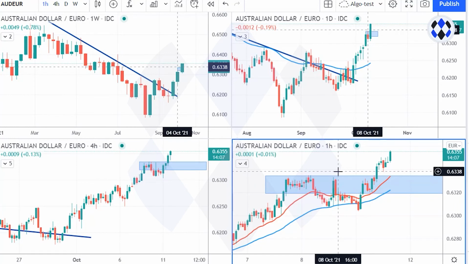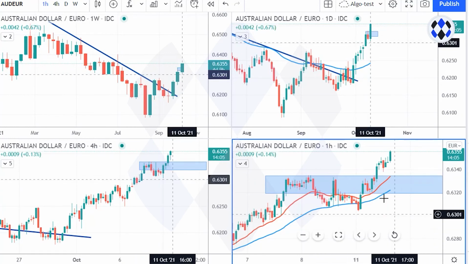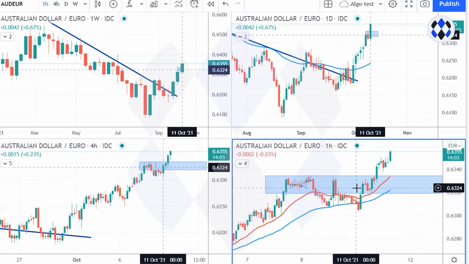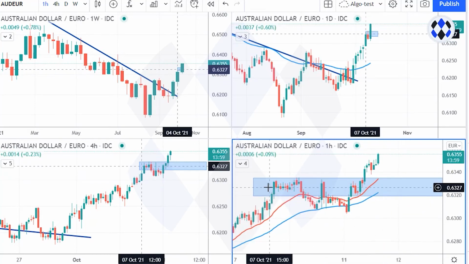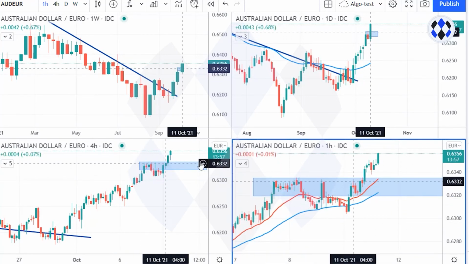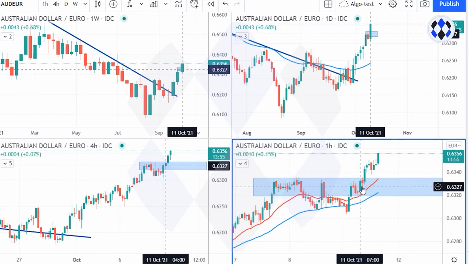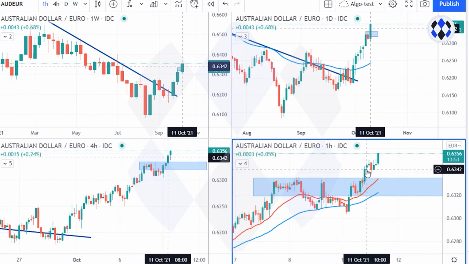Australian dollar euro. Now this is actually a trade I am in right now, just as the euro Australian dollar. I'll show you that in a second, but as you can see here, we had this area here, and I actually took it at the break up here.